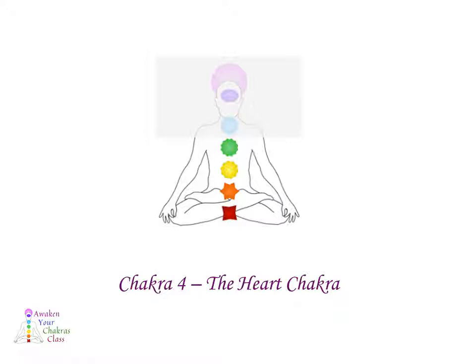So the heart chakra, the 4th chakra, is located in the center of the chest, often called the heart center. The Sanskrit name is Anahata, which means illustrious gem. And the physical area of the body that is governed by this chakra is the chest.